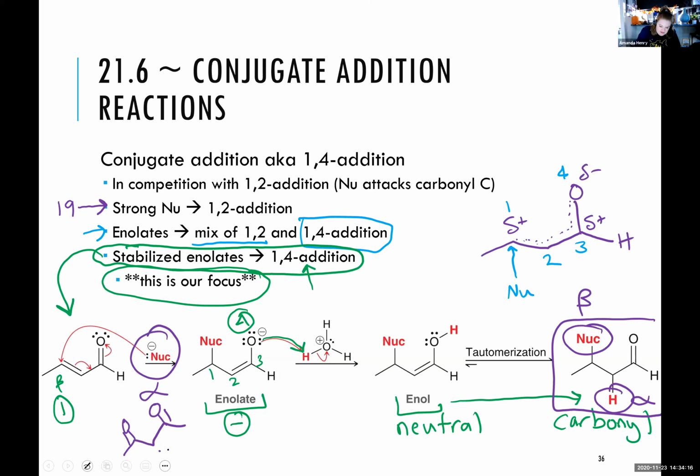So our pi bond initially just shifts around and we end up with our enolate. The pi bond goes away because the enol tautomerizes into the carbonyl. So that pi bond eventually becomes part of the carbonyl again. That's where those extra electrons go. Okay, thank you. You're welcome.